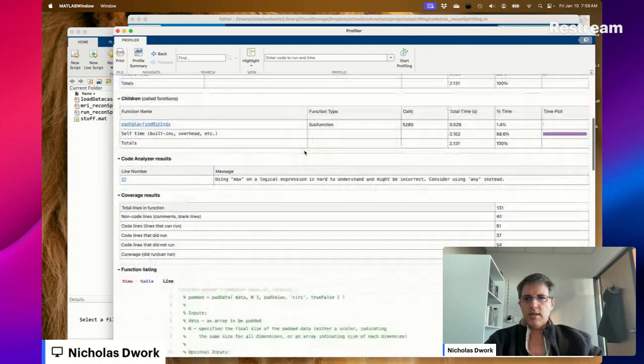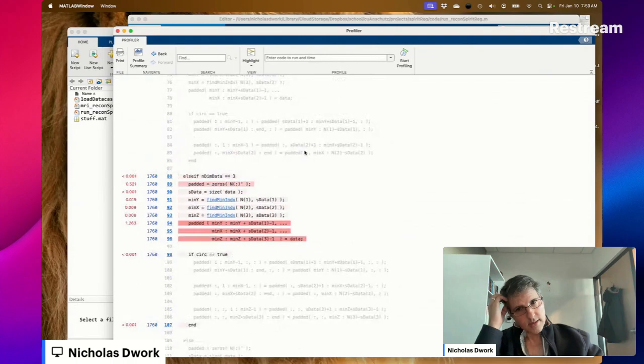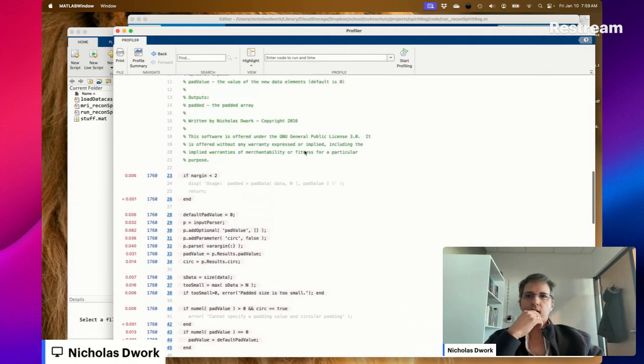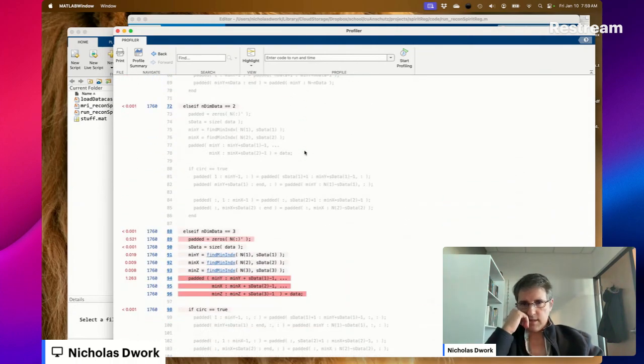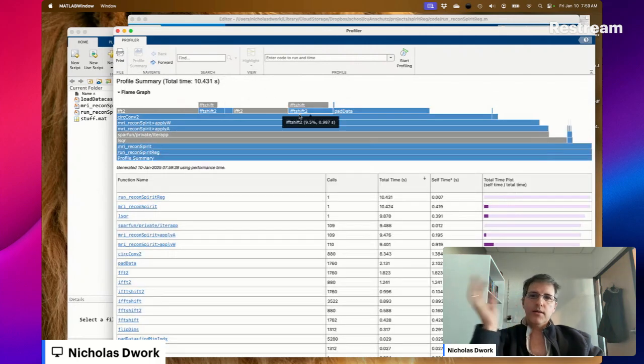So what is this? Oh, this is pad data. Okay, this is the function pad data. Yeah, okay. I get it. Padding data is expensive. You have to allocate memory and then copy values. Great. The FFTs are taking time. That's not surprising. FFT shifts are taking time.